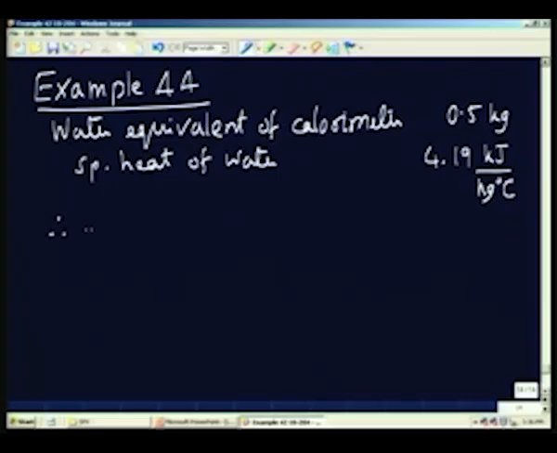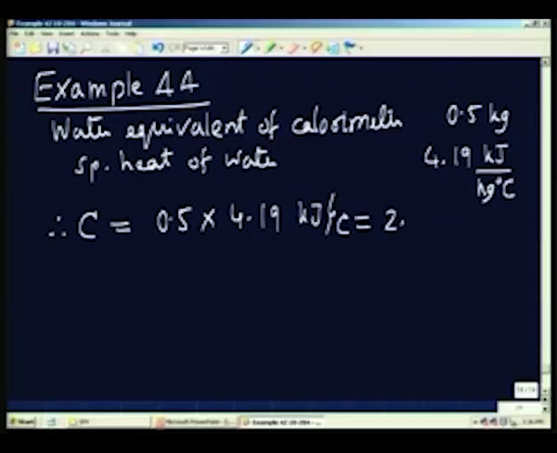Therefore, C is nothing but the product of these two, 0.5 into 4.19, kilojoules per degree Celsius, which is nothing but 2.095 kilojoule per degree Celsius. That is the capital C.